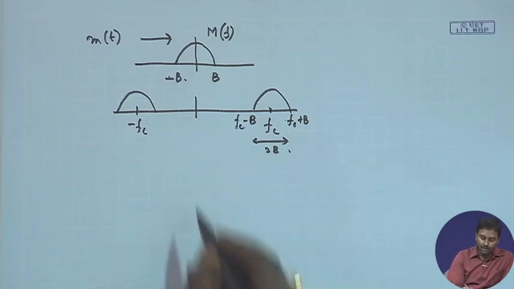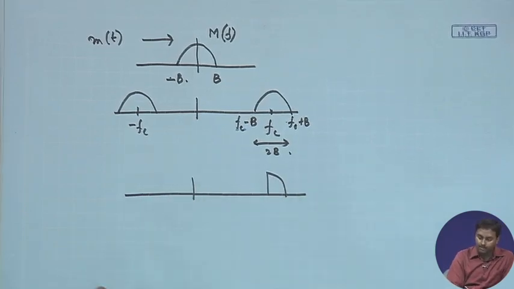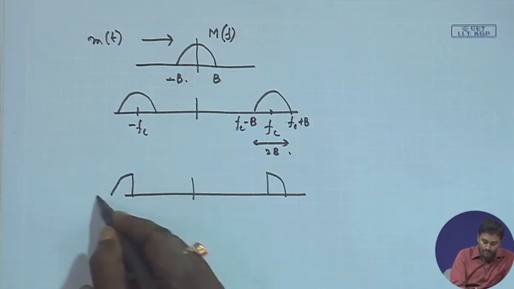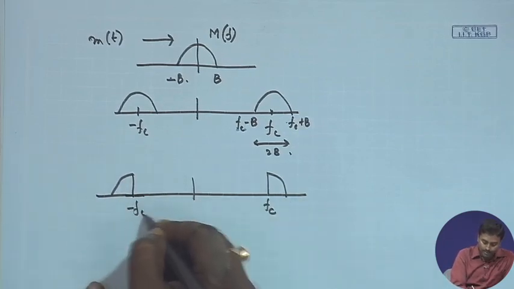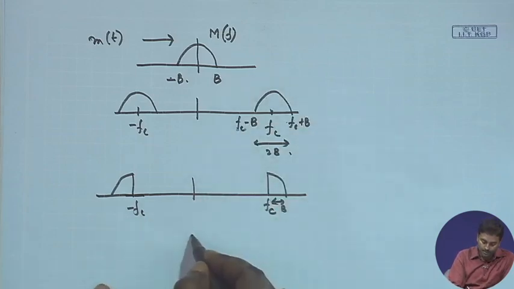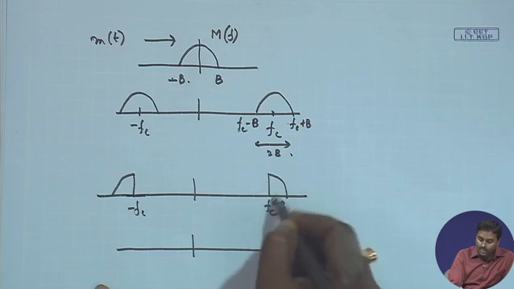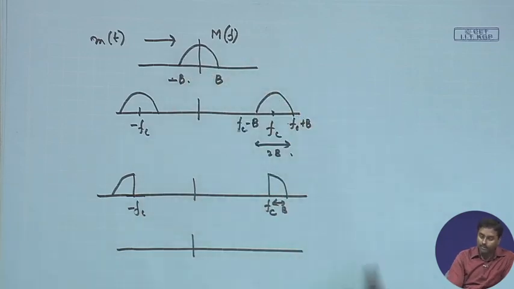If I do SSB, taking the upper sideband, I am taking just one of the sidebands, so it is bandwidth efficient: instead of 2B, it is B.